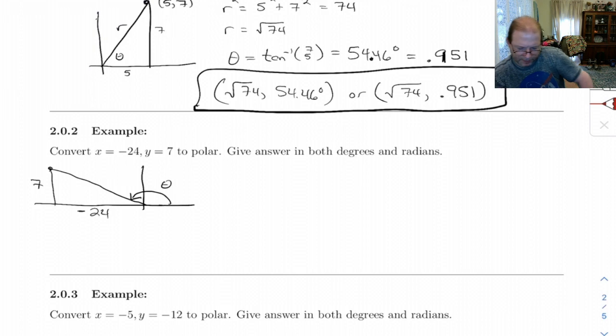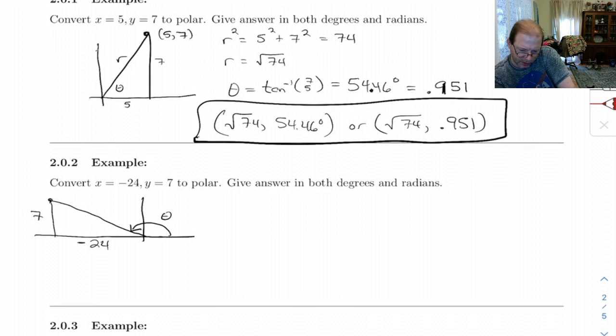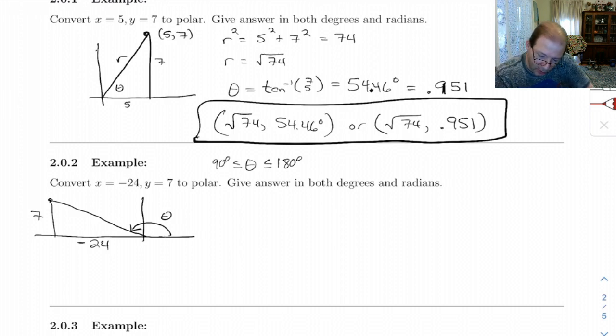Now, remember, the angle we're looking for is this theta. So just looking at it, we can tell a couple of things. Degree-wise, we can tell theta is going to be between, well, it's in the second quadrant, so it's going to be between 90 and 180. Furthermore, because that negative 24, because we go further back than we go up, we know that this angle here, the reference angle, is going to be less than 45 degrees.